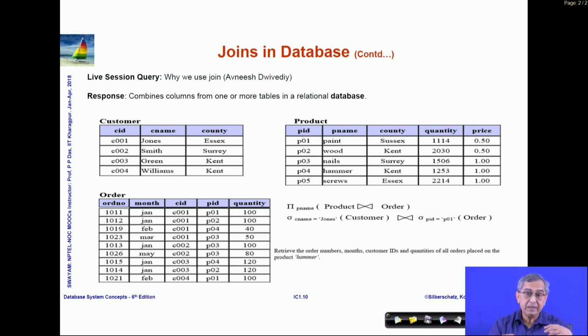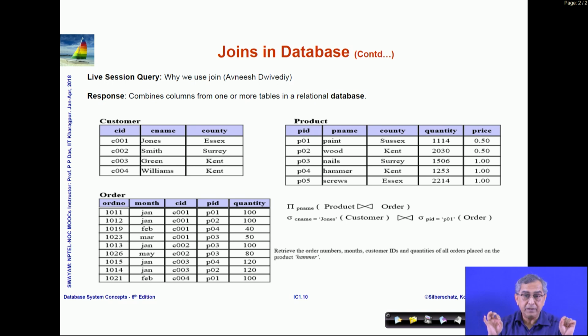So, in the order table CID is a foreign key, PID is another foreign key, and this table has a unique generated key called order number. So, using that now you can answer different queries. For example, I want to find out, let me know all the orders which are ordered from the same country where the product is produced.